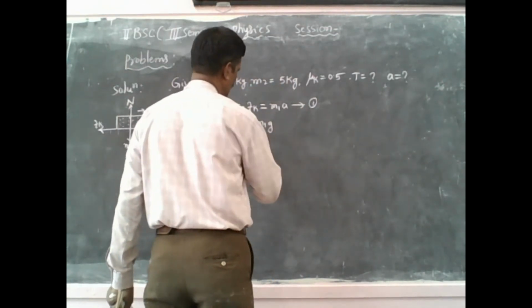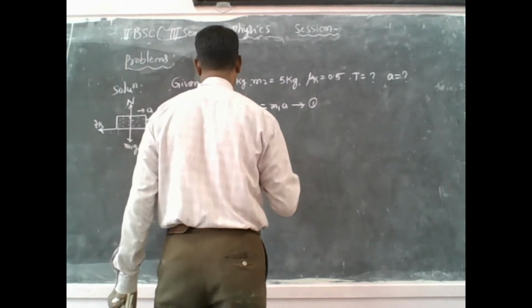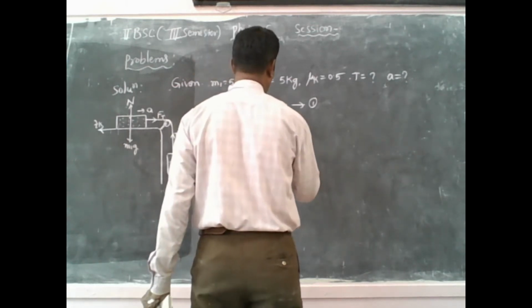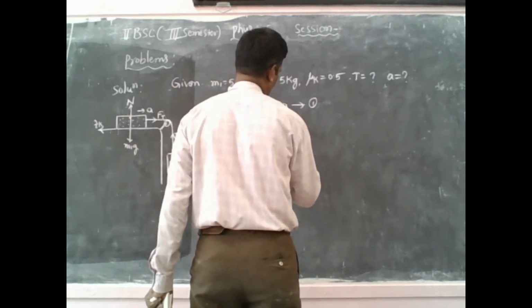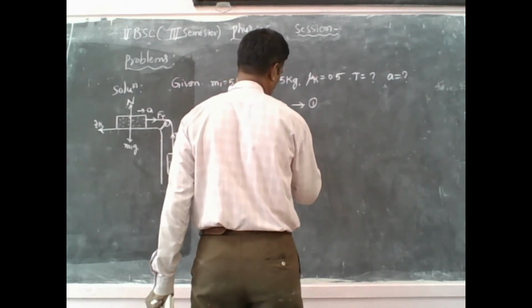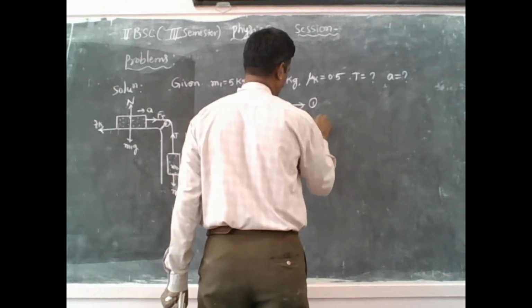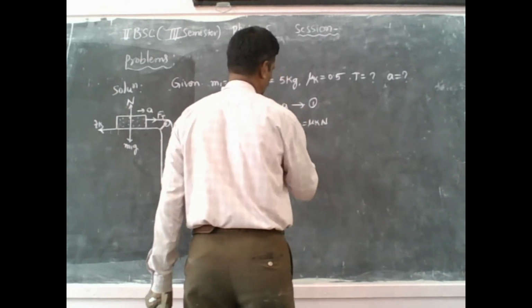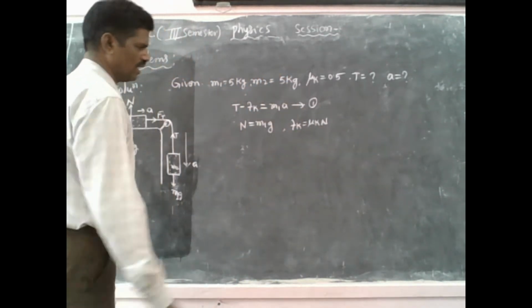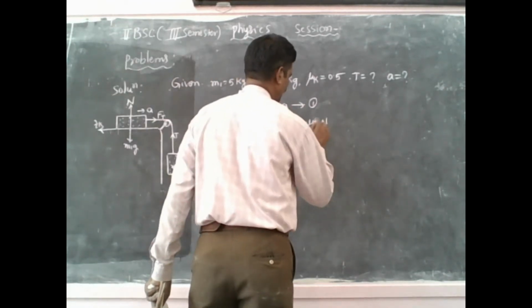So therefore N is equal to M1G. And here we know, according to the definition of kinetic friction, Fk is equal to mu k N, isn't it? Mu k is known as the coefficient of kinetic friction.